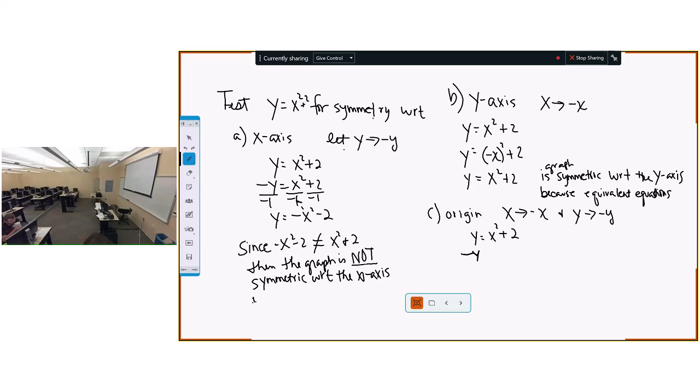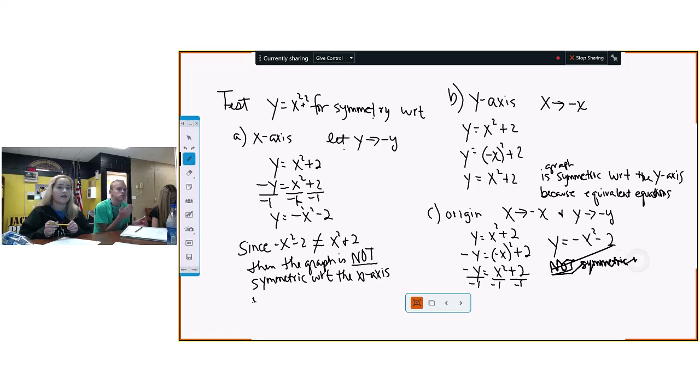So y goes to a negative y, x goes to a negative x. So this is a negative y equals x squared plus 2. Are y'all getting that funny stuff until I let my pen up? Yeah, it's looking really messy. Yeah, it's kind of annoying. So we're going to divide out the negative 1s because we're looking for y, we're not looking for negative y. So we get y equals negative x squared minus 2. So this is not symmetric.